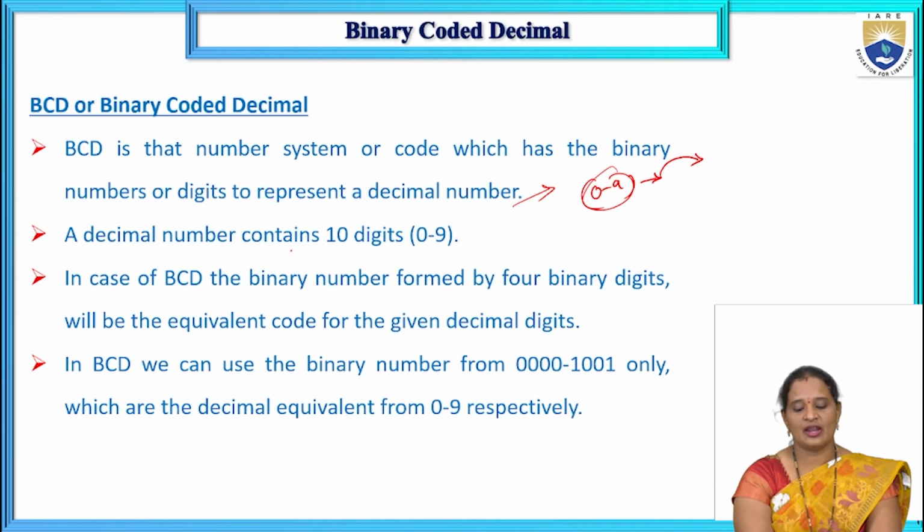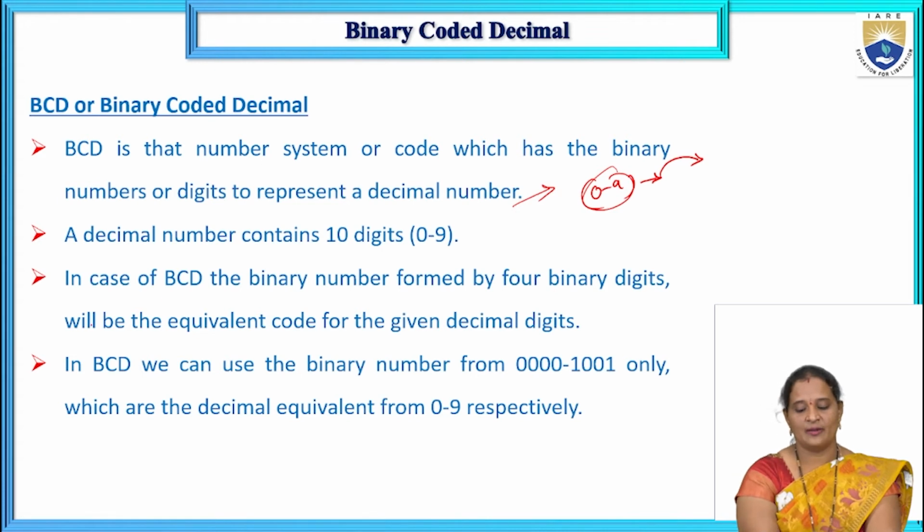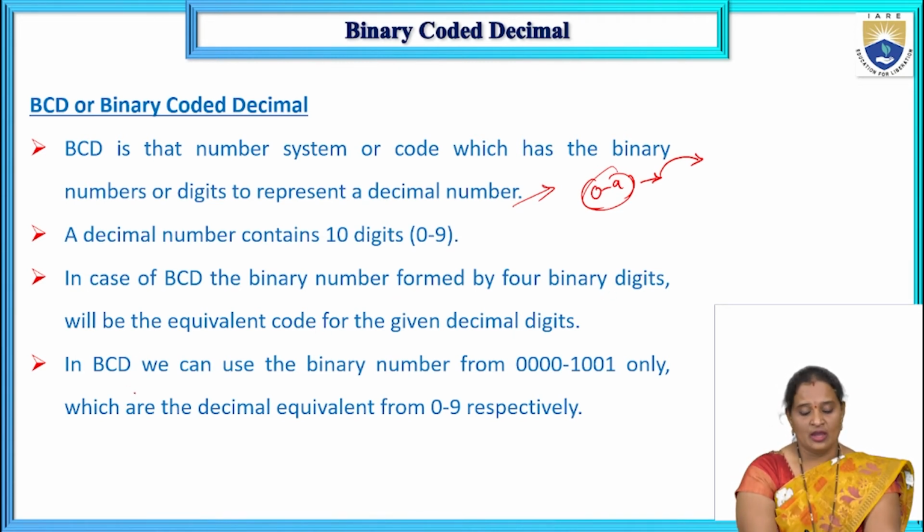A decimal number contains 10 digits, 0 to 9. In case of BCD, a 4-bit binary number will be the equivalent code for the given decimal digit.